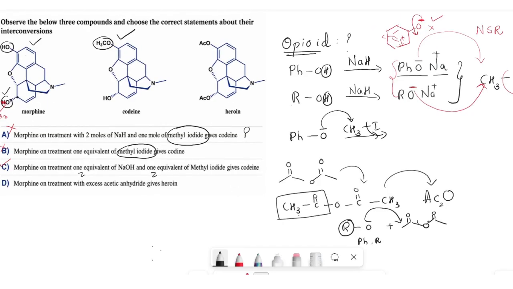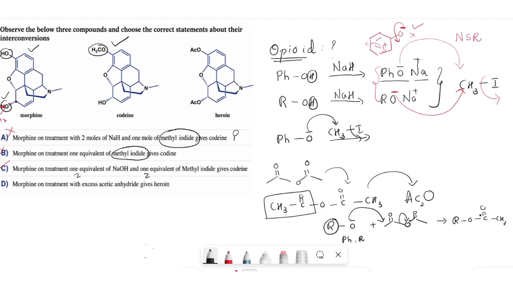This will undergo nucleophilic substitution like this, and you are going to get an acetylated product. This can be written as Ac. That's what I meant earlier by this structure. So this is the acetylated product. That's why the acetylation happens on the phenol as well as on the alcohol. Hence, statement D is also correct.